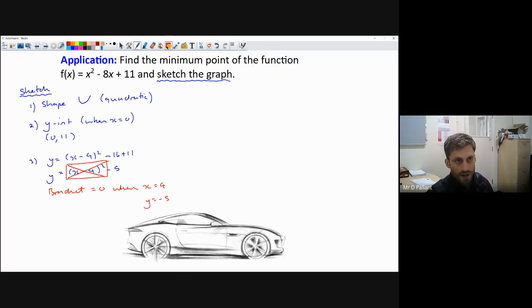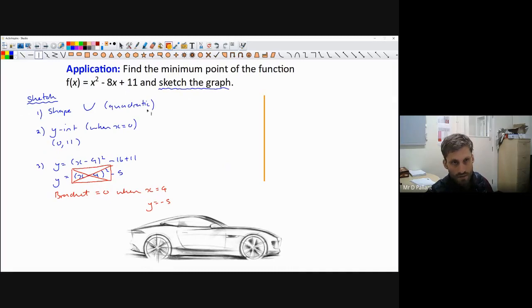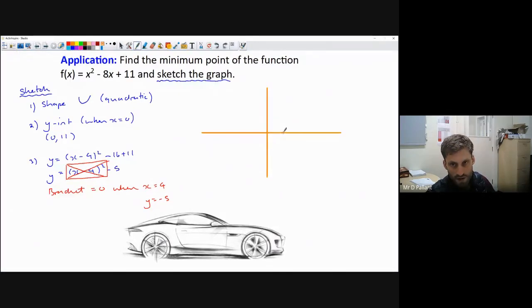So then I can come to drawing some axes. I use a ruler for these notes. And the point 4, minus 5 is, say, here. So that's the point 4, minus 5. And I'm going to just draw my quadratic in, bearing in mind that the y-intercept is positive. So when I draw it in, I need to make sure, that's not very good.